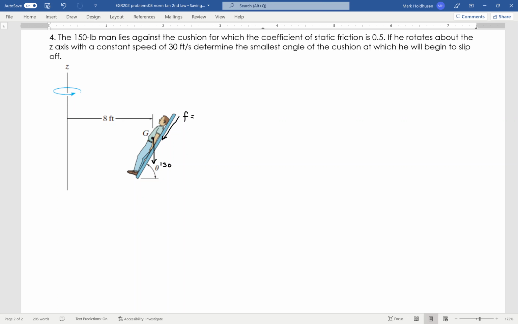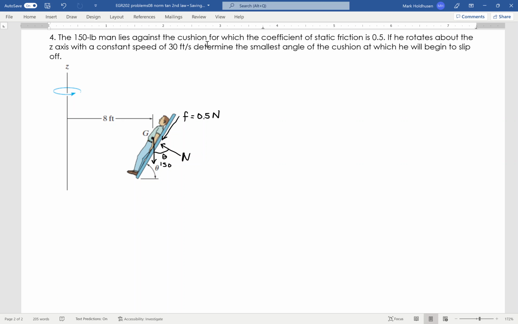But I want the point right before he starts slipping. So I'm going to put that friction force at 0.5 N, which tells me I also have a normal force that I've got to include as well on this. Okay, and what I'm going to recognize is that this angle right here is actually my angle theta given here.